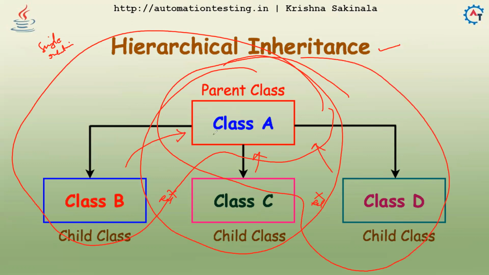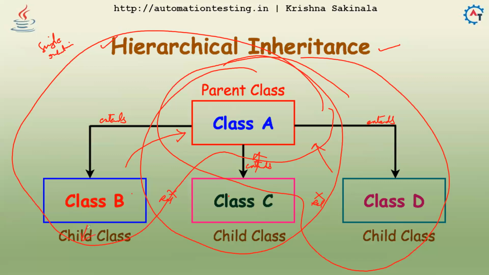But from class A, three classes, B, C, and D, are extending class A using the extends keyword. So more than one class can extend the same class. This is called hierarchical inheritance.